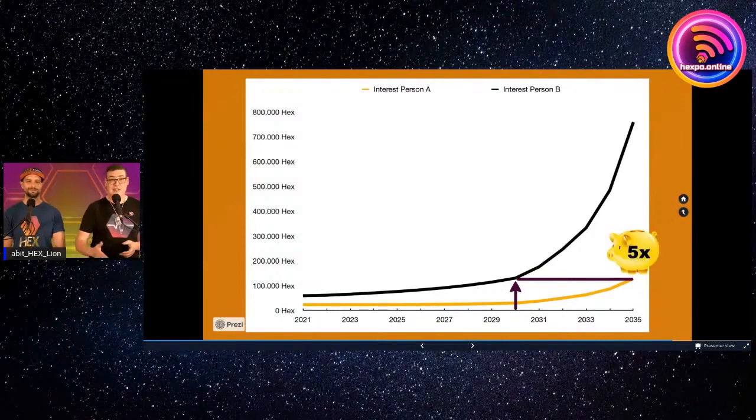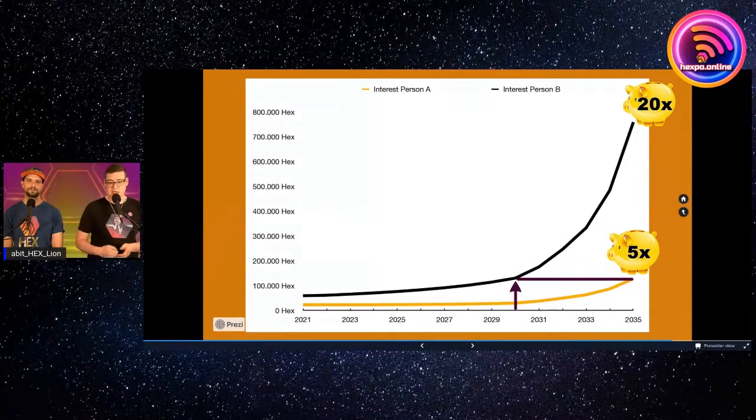And here, just to put it into perspective, in the end, our person A ends up with a 5x on his HEX, the return of investment. But he never sold a single HEX and compounded year after year. And now the chill-out staker for 15 years made about a 20x return of investment.